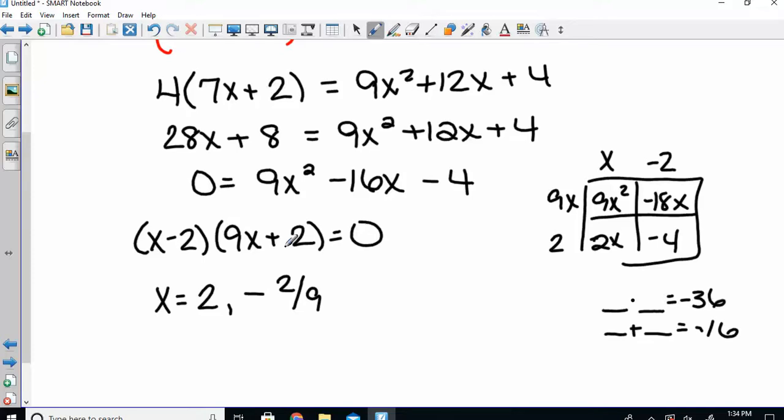See, I have negative 9x minus 2, but I don't know actually what I did. Why do I have negative 9? Okay. Oh, okay.